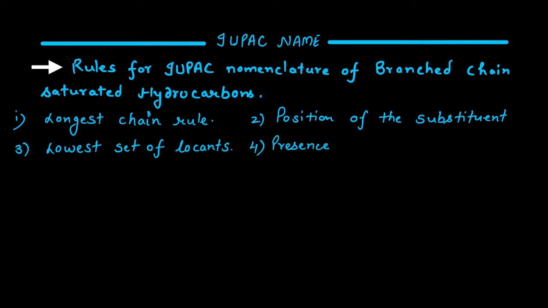Now the fourth rule is the presence of more than one same substituent. This is again a very important rule. If the same substituent is present more than one time, we follow this rule.